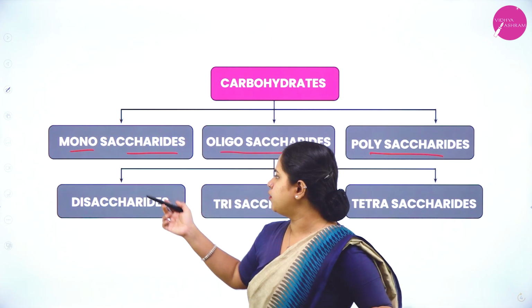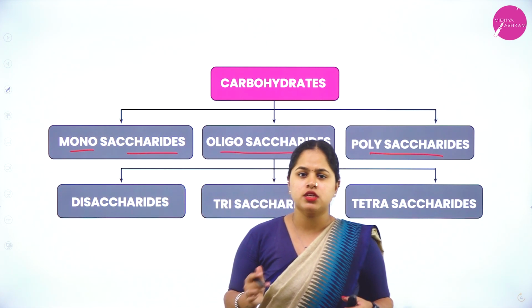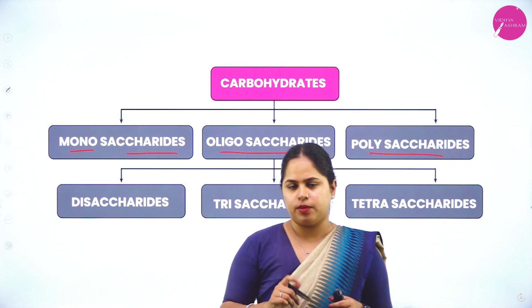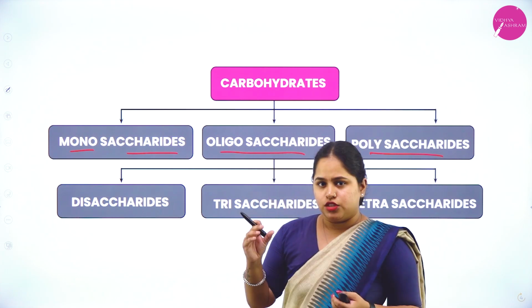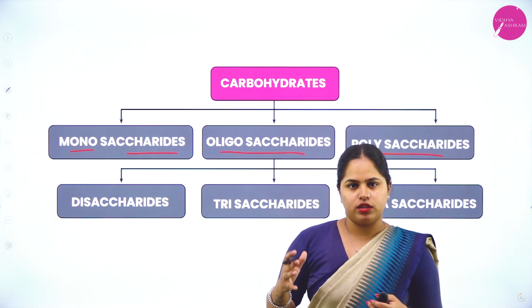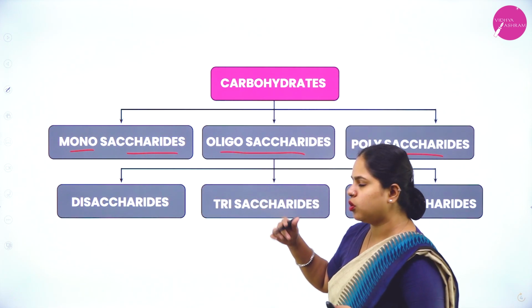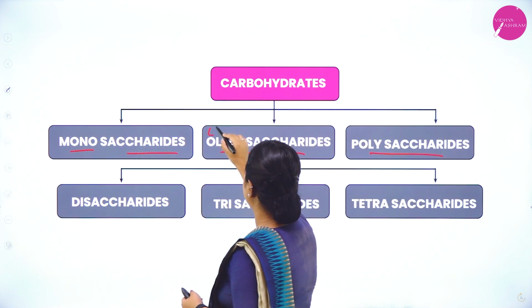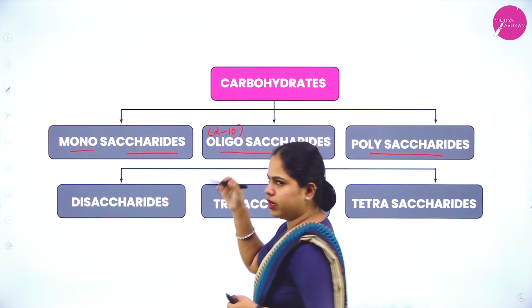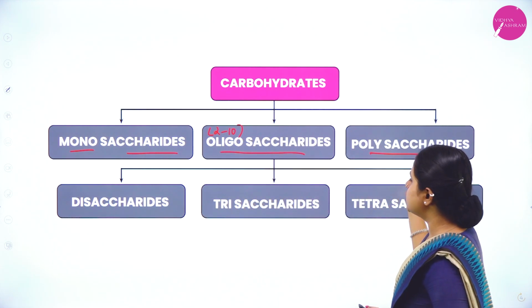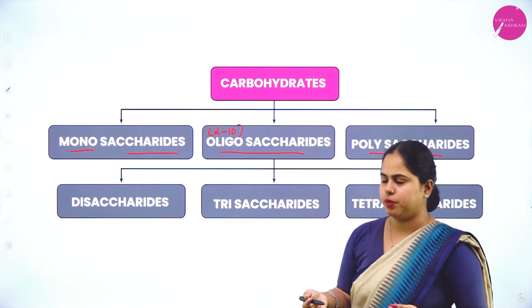From the name itself you can say monosaccharide means only one unit will be there. In detail we are going to see about all this in the upcoming slides. Oligosaccharides: oligo means around 2 to 10. And the next one is polysaccharide, which means many units will be there.